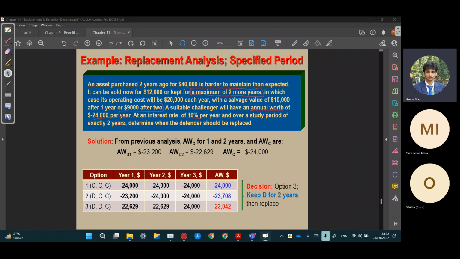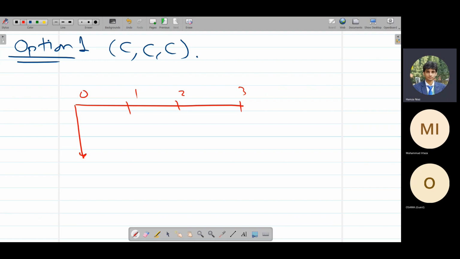And at the first year we have this, our annual operating cost at year one. So in option one, challenger, what could be our annual operating cost?